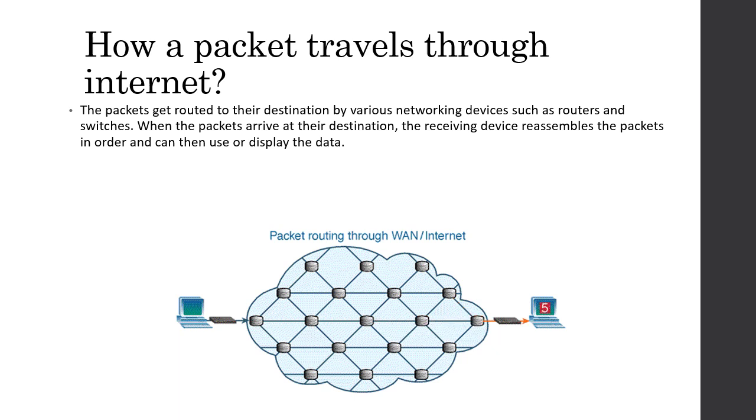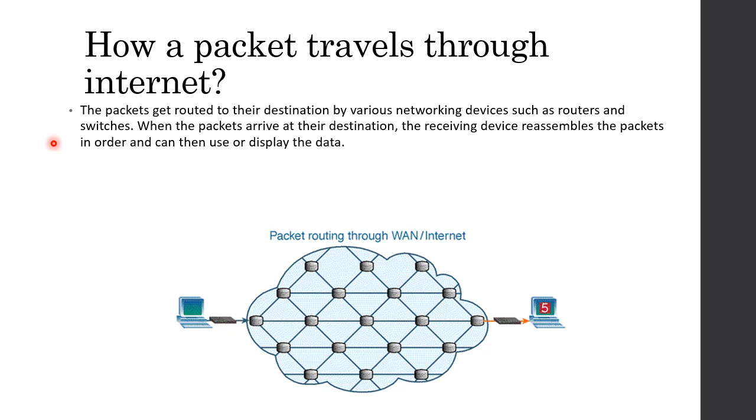When you send a message over the internet, it is split into packets. Each packet travels in steps across the internet, jumping from one server to another until it reaches the destination. How does a packet travel through the internet? The packet gets routed to its destination by various networking devices such as routers and switches.